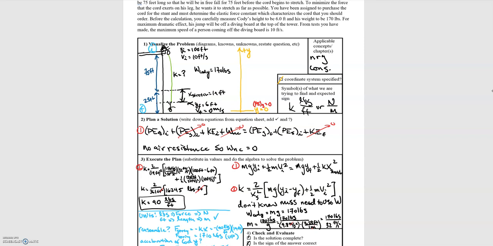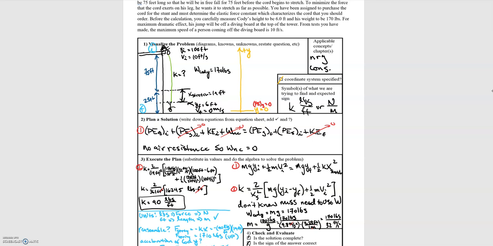They start with some velocity because they're jumping off a diving board. They are above the ground, so they have potential energy. And then they're falling through the air, gaining kinetic energy, losing potential energy, and they're attached to this bungee cord, which can just be represented as a spring.